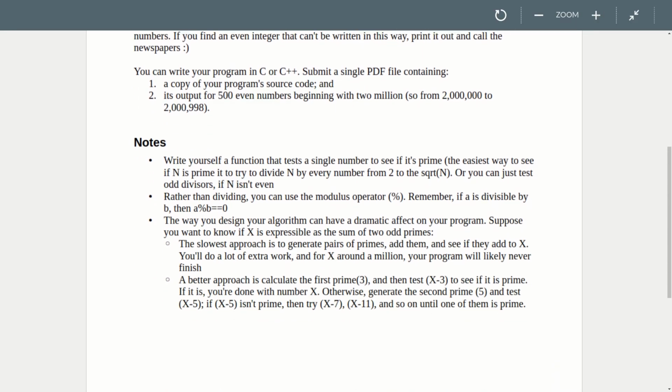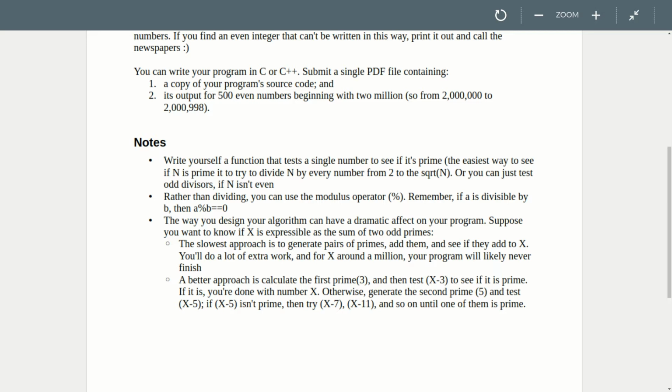So that's pretty much all of this says. Write a function that tests to see if a number is prime. The easiest way is to try to divide by every number from 2 to the square root of n, or you can just test odd divisors, because we're only interested in checking odd numbers. Rather than dividing, you can use the modulus operator. So, is n divisible by i?